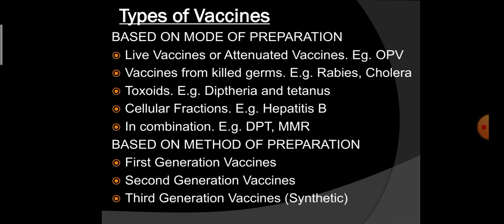Third generation is when these are chemically synthesized against certain diseases. That is usually for snake venoms, where artificial antibodies or antitoxins are prepared, antivenoms. So that is about the types of vaccines.